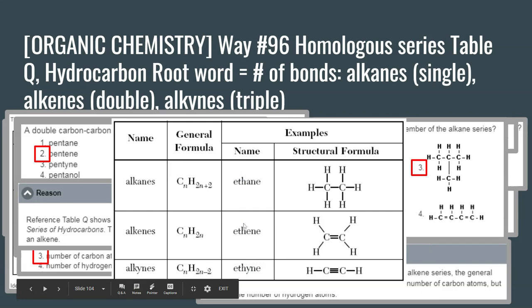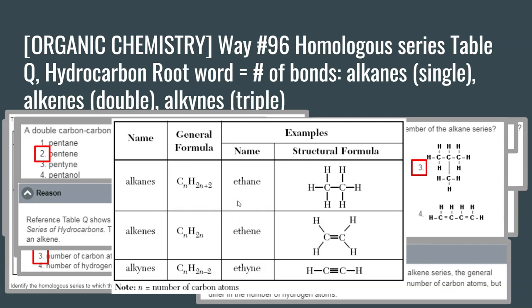Depending on the number of carbons present, we use Table P to indicate how many carbons there are. For example, methane would have 1, ethane 2, propane 3, butane 4, pentane 5, etc. And we use this root word to identify what homologous series it belongs to, either alkanes, single bonds, alkenes, double bonds, or alkynes, triple bonds.